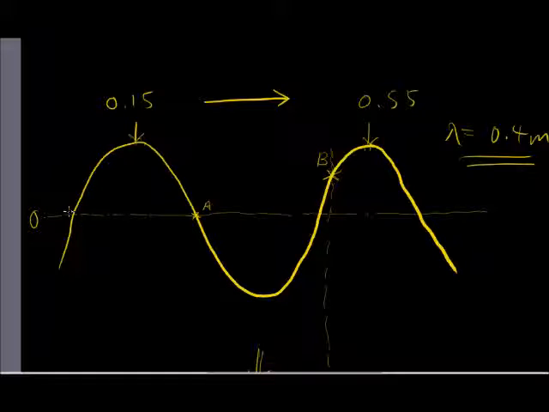So this point here, this point here, and this point here all have the same vertical speed as point A. But we need to find the one which moves in the opposite direction to A.